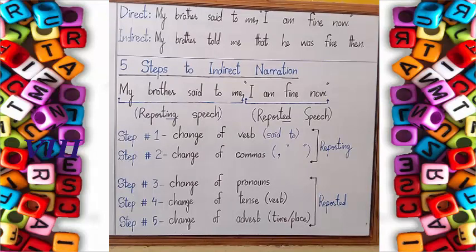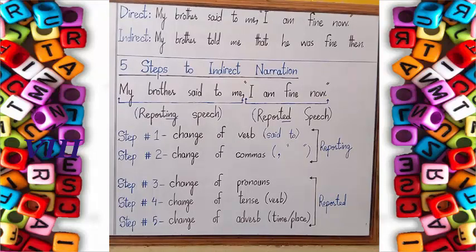So these 5 changes are written before you, and out of these 5 changes we have now studied the first step, that is change of verb. I told you that if you want to learn how to change the verb of reporting speech, you need to remember the kinds of sentence.